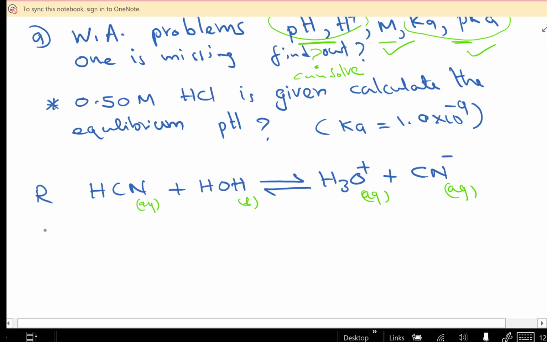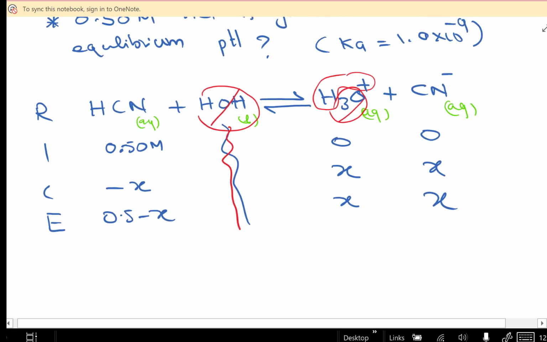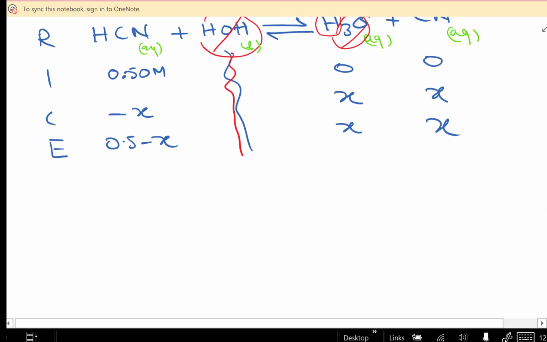Now, because water is liquid, we can write an ICE table for the balanced equation, 0.5 molar, and water is liquid. You can cancel it out actually, so it's easier for the math. And H3O plus, also you can think just H plus, right? Now, that way it's easier. Now, initially 0, 0, minus x, x, x, 0.5 minus x, x, x for the equilibrium.